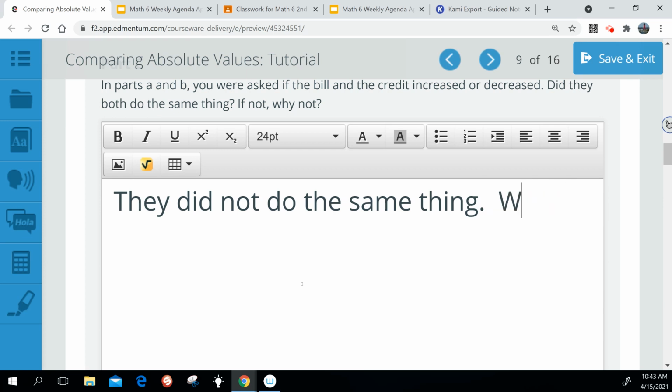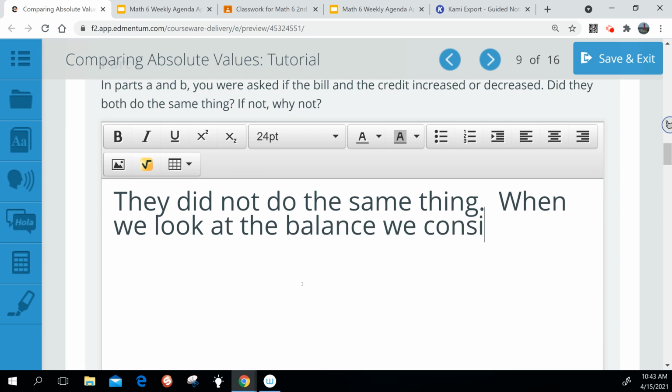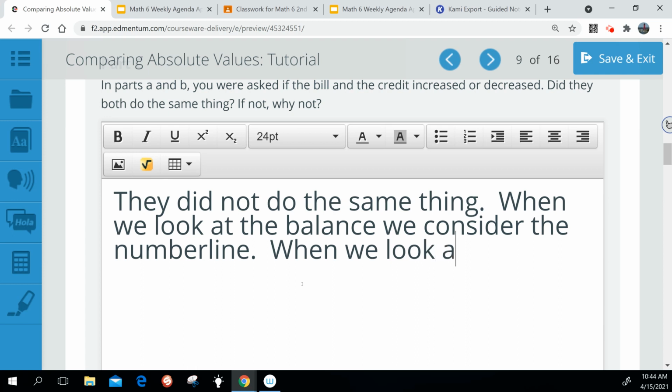When we look at the balance, we consider the number line, right? When we look at the credit, we look at the absolute value.